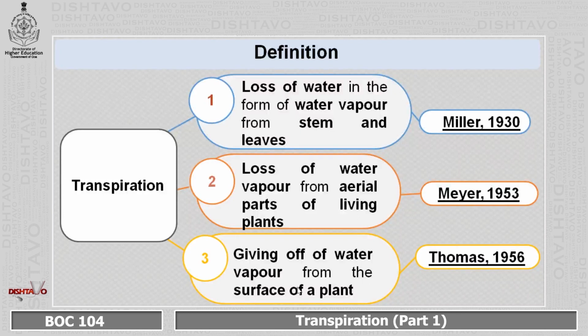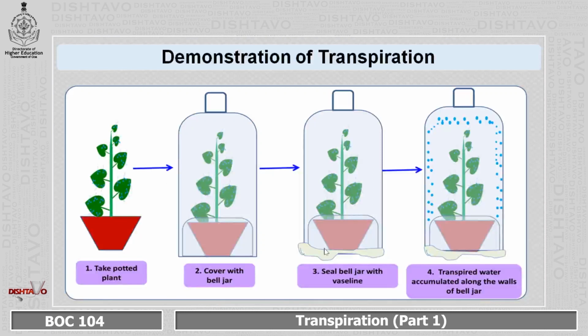Coming to the demonstration of transpiration, if one would like to know whether transpiration exists or not, this is a very simple experimental design. You take a potted plant and cover the pot and the soil completely with a polythene bag.